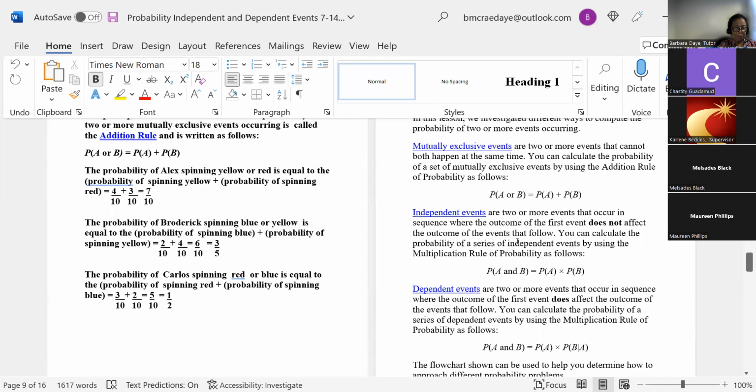Now, mutually exclusive or independent events. One or the other, addition; both together, multiplication. That's the product rule. So these are your formulas here.